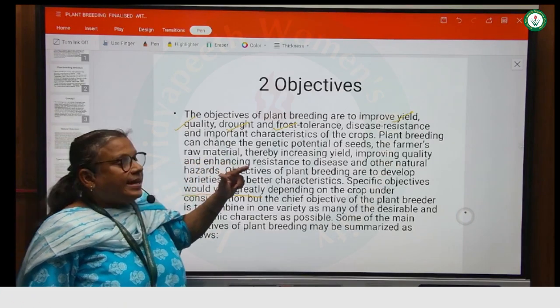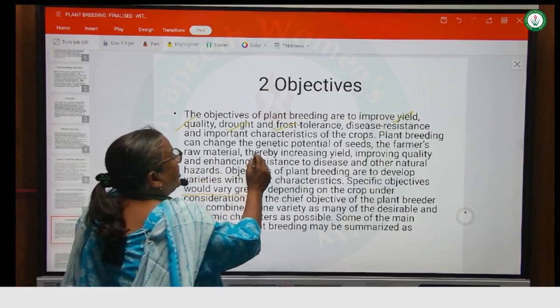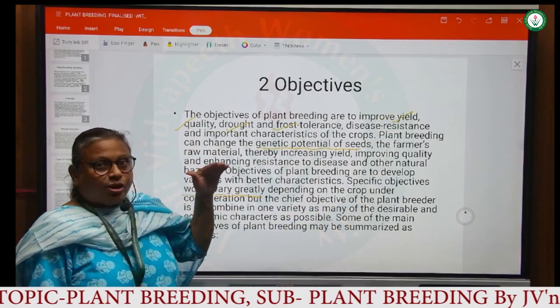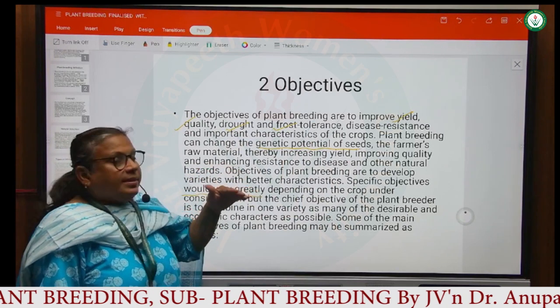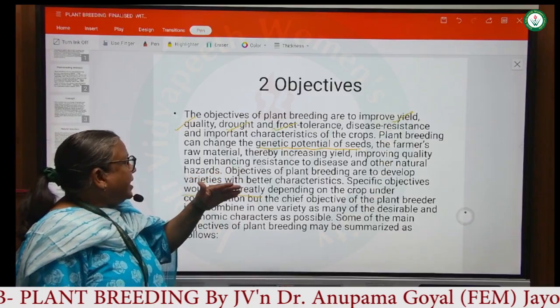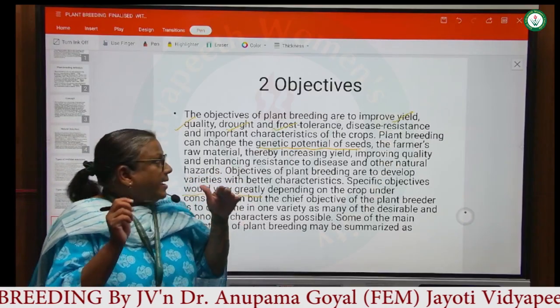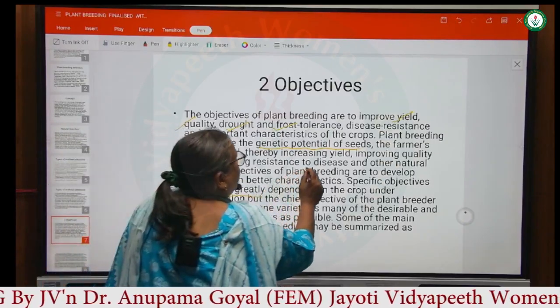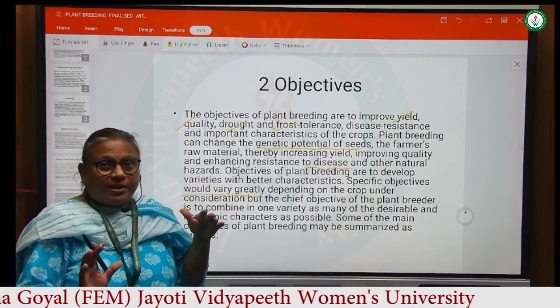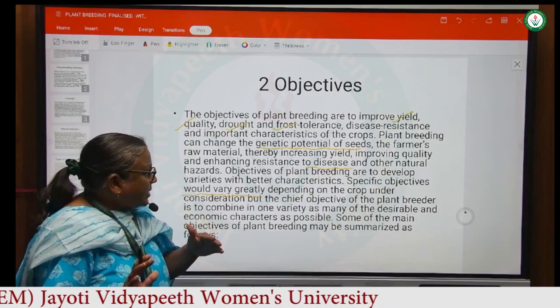Plant breeding can change the genetic potential of the seeds, the farmer's raw material, thereby increasing the yield, improving quality, and enhancing resistance to disease and other natural varieties with better characteristics.